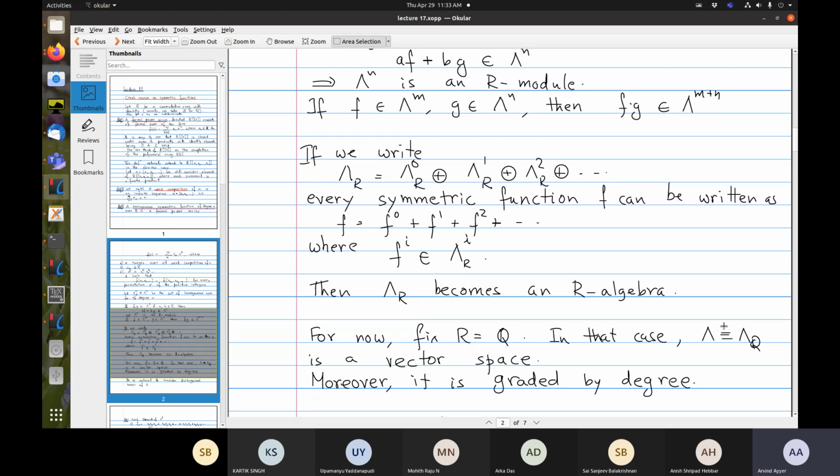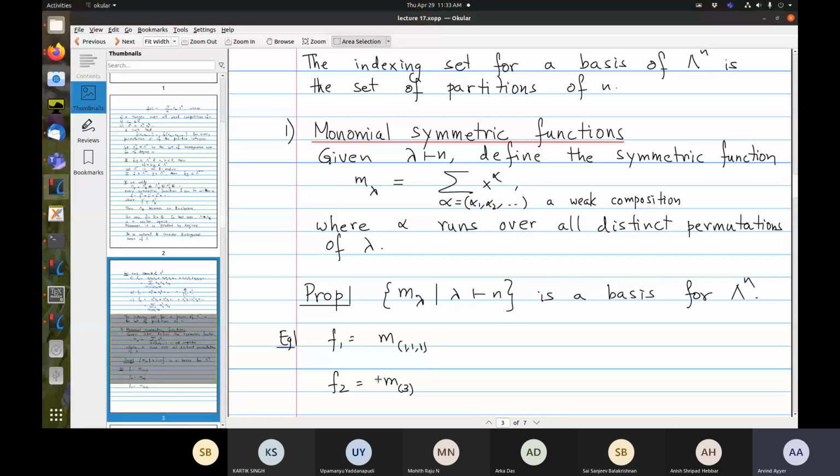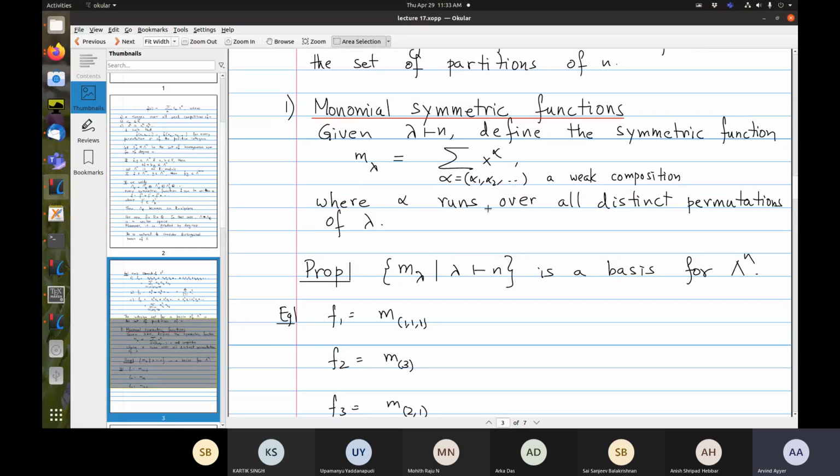Then the space of symmetric functions becomes a vector space, and it's also an algebra, and it's graded. So once we know that it's a vector space, we can ask about distinguished bases. So I spent the rest of the class talking about the standard bases.